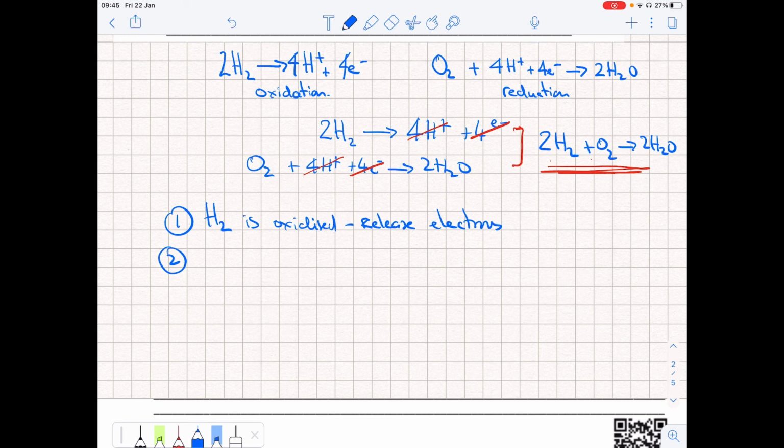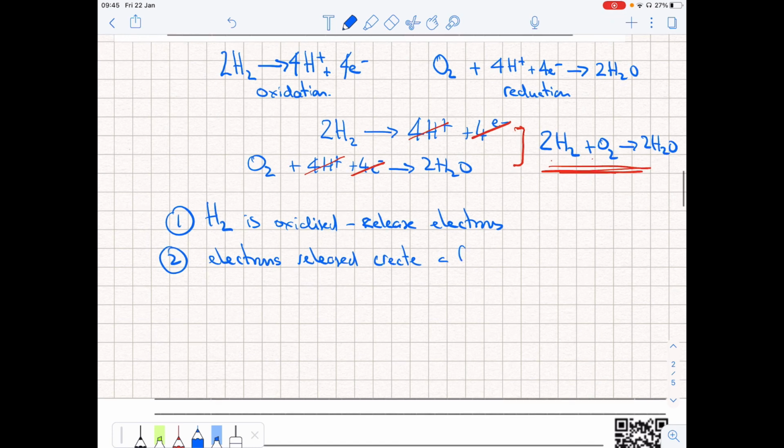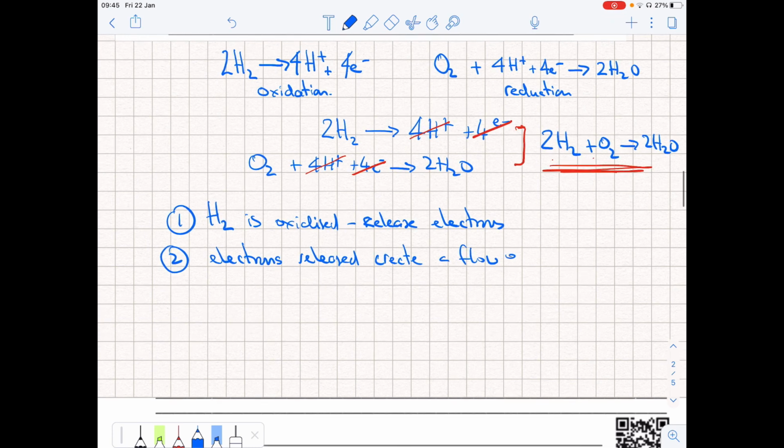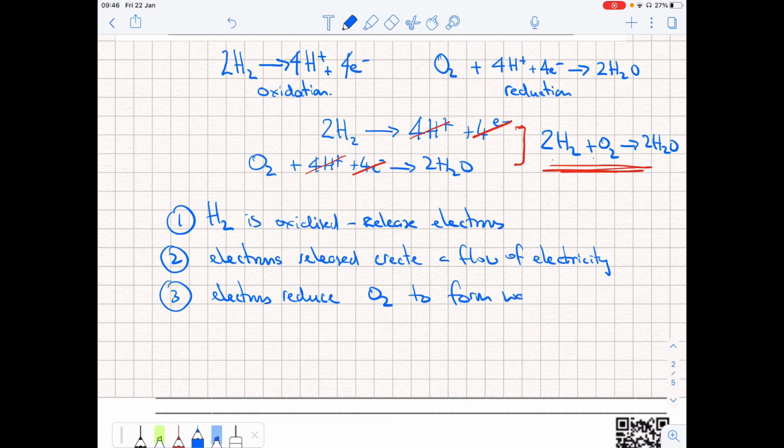Step 2 in that process is those electrons that have been released are creating a flow of electricity. That's what we describe electricity as. It's a flow of electrons. And number 3, the electrons then are going to reduce the oxygen at the cathode, and that is going to form water. So in 3 simple steps, that's how we could summarize this reaction.